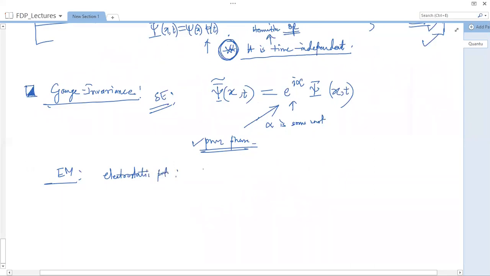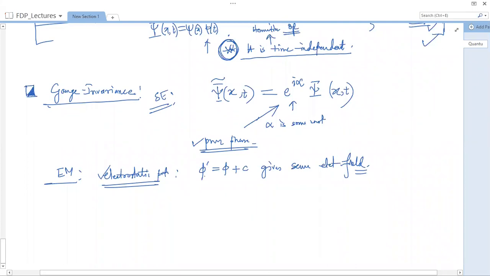That electrostatic potential phi prime equal to phi plus some constant c gives you the same electric field. Even in electrostatics, you know about this. So does phi have physical significance or not?